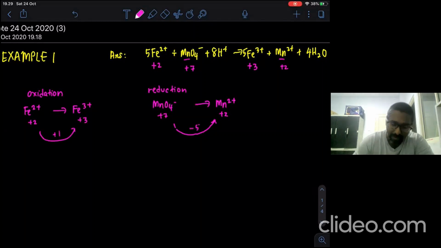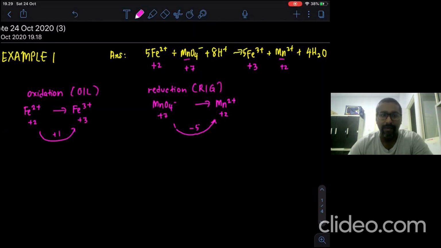Please remember this. When it comes to oxidation and reduction, we need to know it in terms of electrons. You can remember OIL RIG: oxidation is loss of electrons, reduction is gain of electrons. So in this case, every 1 mole of Fe2+ has lost 1 mole of electrons.